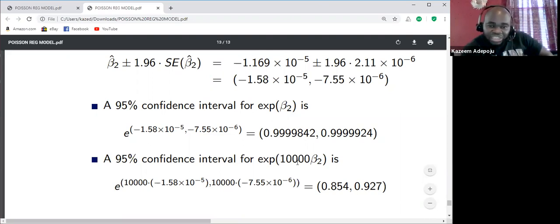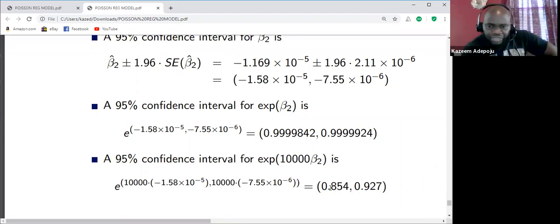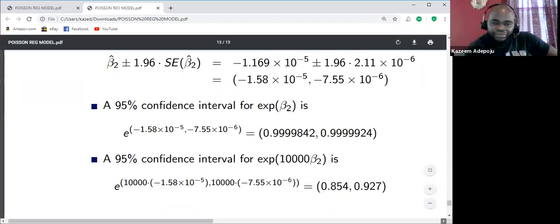The exponential of 10,000 multiplied by that means the rate is going to be between 0.854 and 0.927. The other time we only got one value for the rate, but with the confidence interval, you're going to lie between this and that. So that is what we have there.